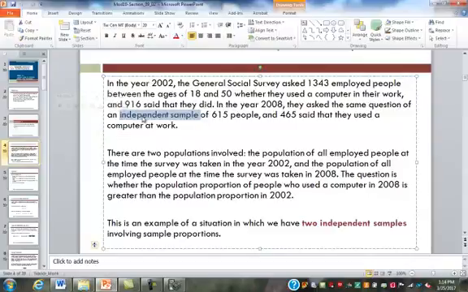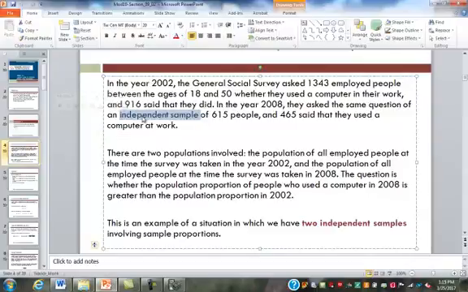So there are two populations involved: the population of all employed people at the time the survey was taken in 2002, and the population of employed people at the time of the survey of 2008. Now, there's some overlap between these populations, but they are different populations. They have changed from 2002 to 2008, so we can consider it to be two independent populations.